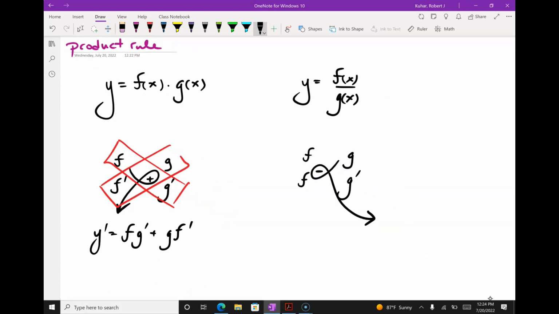Quotient rule, you see I'm starting at a different place, right? On the product rule, I started at f down to the diagonal to g prime. On this one, I'm starting at g down to f prime. There's a prime there, sorry. Minus fg prime all over g squared.